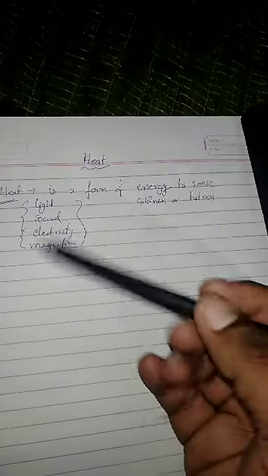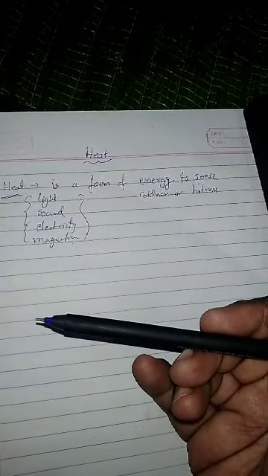Heat is the energy which is used to sense coldness or hotness. For this, we are using heat energy. Similarly, light senses vision, sound senses hearing, and there are different abilities like this.